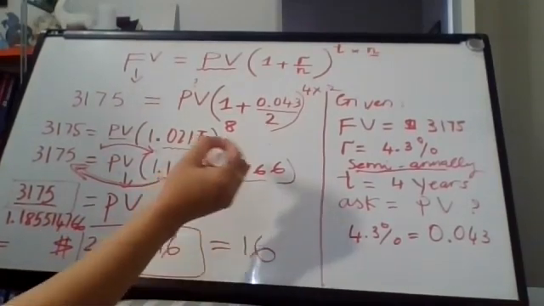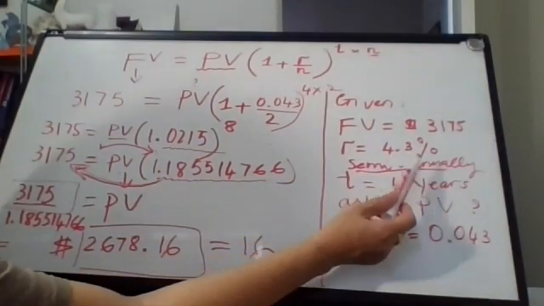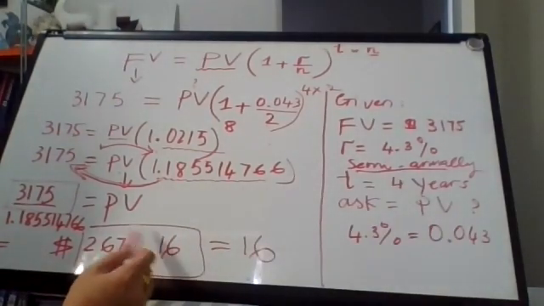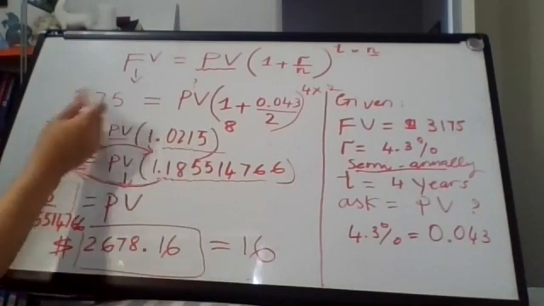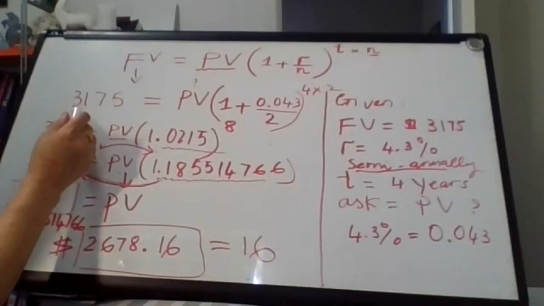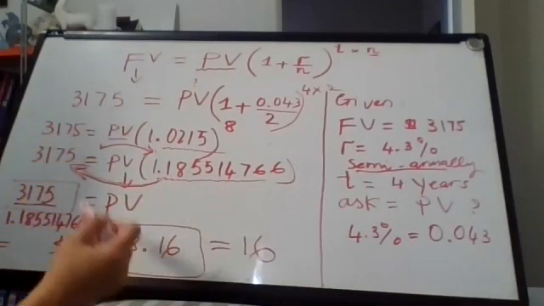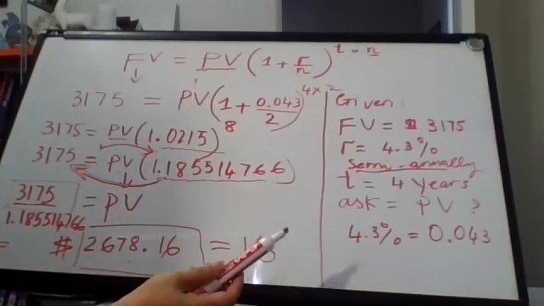So you see, if the bank charges you an interest rate of 4.3% semi-annually, then the bank will earn some amount of interest. To find the interest, you would use 3,175 minus this amount, and then you know how much total interest the bank charges you.